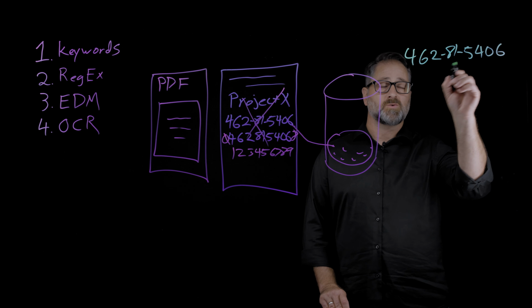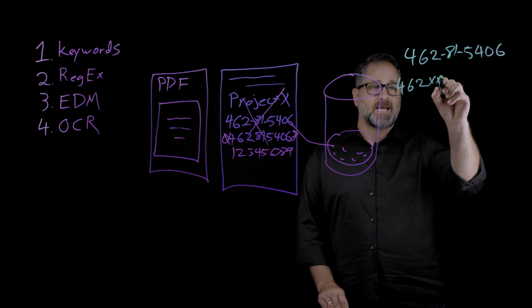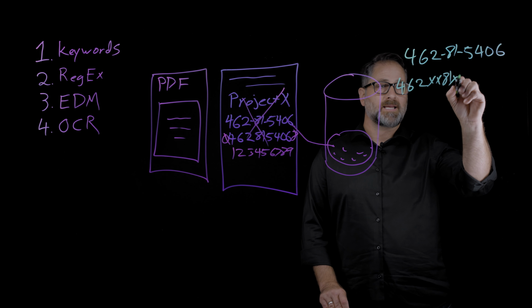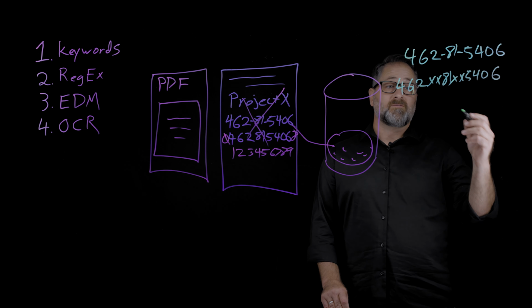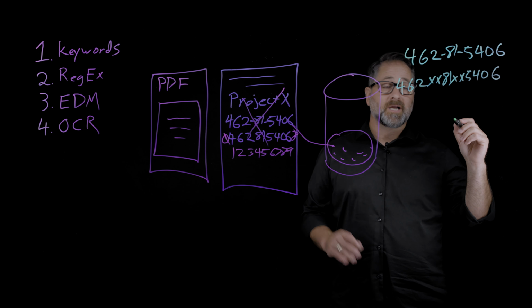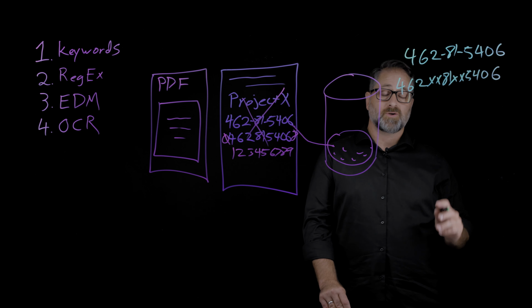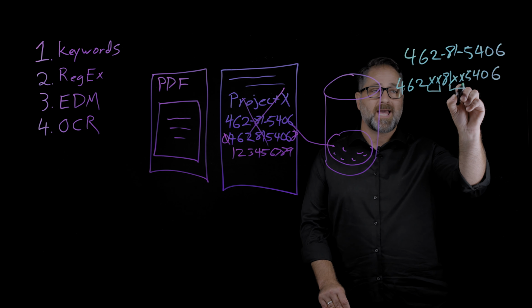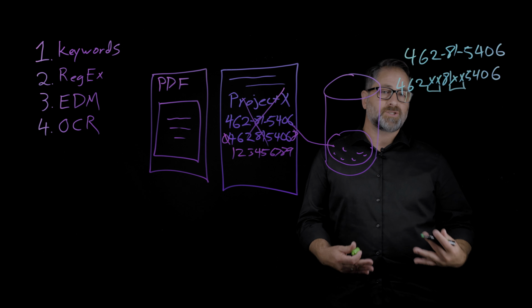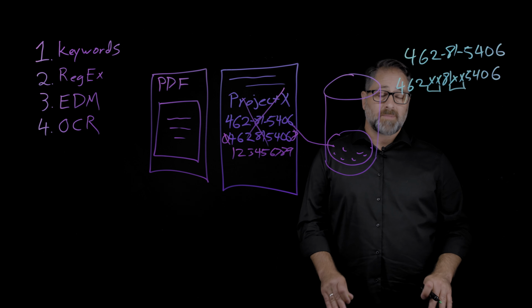If I replace those dashes with X's so that I get 462XX81XX5406, none of these techniques will identify this accurately as a social security number. And that's simply because I changed these dashes here to X's. So it's very easy to obfuscate and get around this sort of mousetrap if you know how this mousetrap is built.